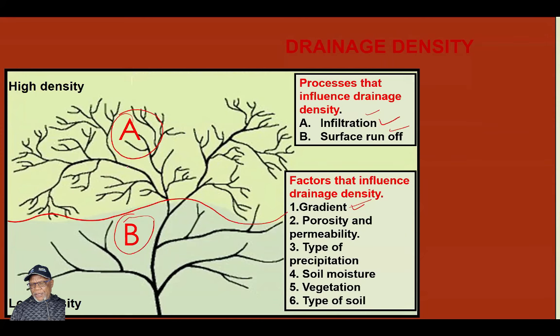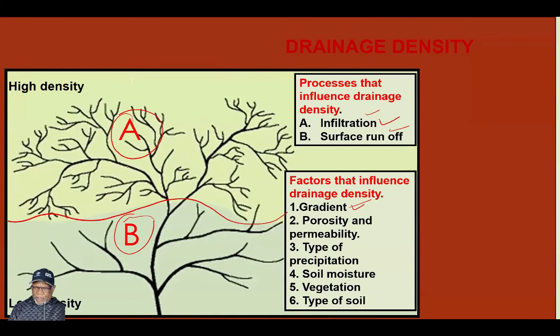And it means at B, the soil is dry. Because of the dry soil, there is going to be more infiltration. Then because of more infiltration, there's going to be less surface runoff and lesser drainage density. We have already spoken about vegetation, and type of soil is the same as porosity and permeability.